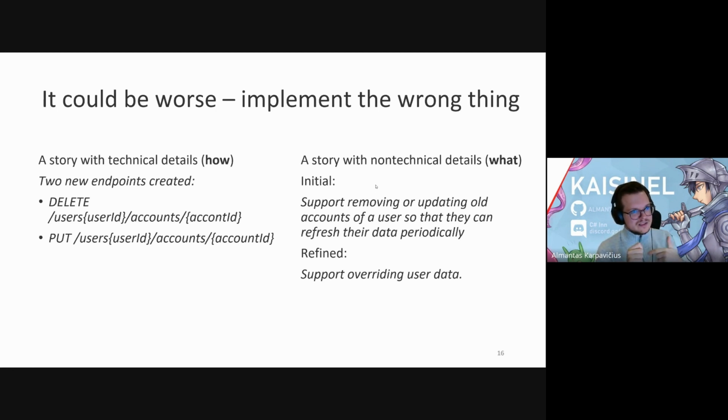So, for example, if based on the latest data an account is deleted for that user, then we also need to delete it on our end. And if the account data is updated, we need to update that account as well on our end. And it was refined like this initially: create two endpoints, one to delete and one to update.